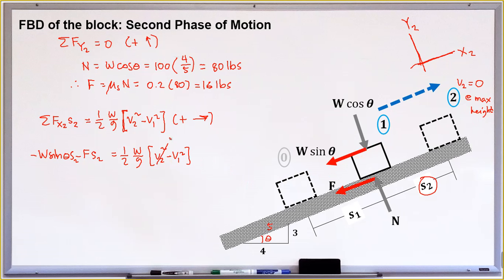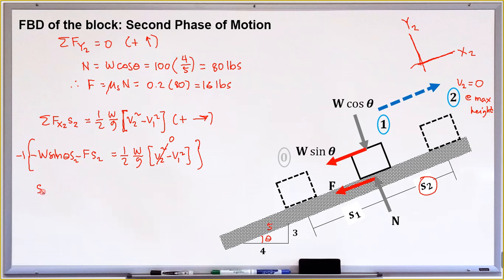So V2 nato 0, then we already solve for the value of our V1 from the previous slide that is equal to 16.83. So with this, we can also multiply both sides by -1 para positive tanan and then solve for S2. So we can factor out S2 here, no?